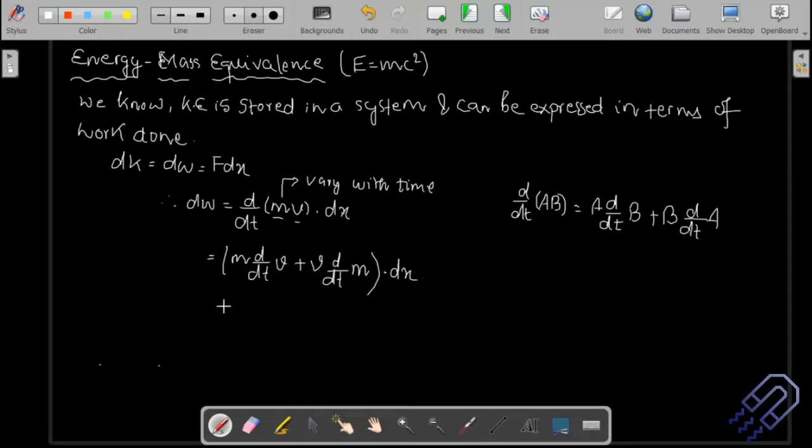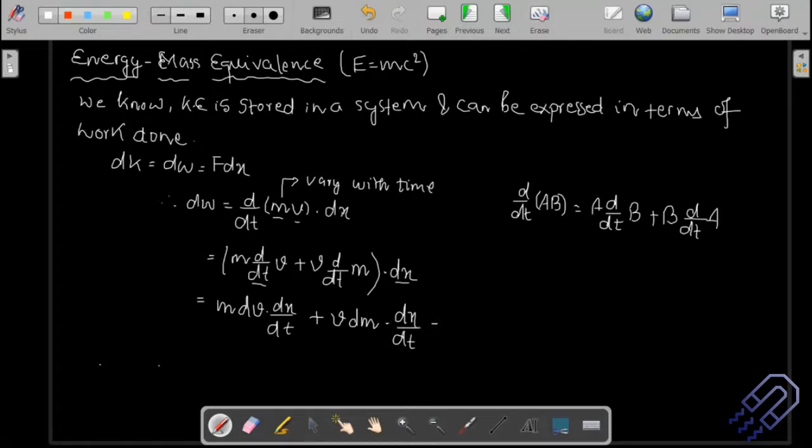We're just going to modify it a bit. This is dv, so I can take this separately. I can write it as m into dv, and then dt is there, dx is in the numerator, so I can simply write dx divided by dt. Similarly, plus I can take this as v, and then write dm, because this is dm, into dx by dt, right?